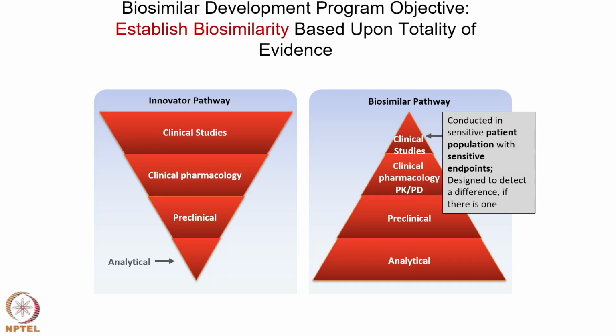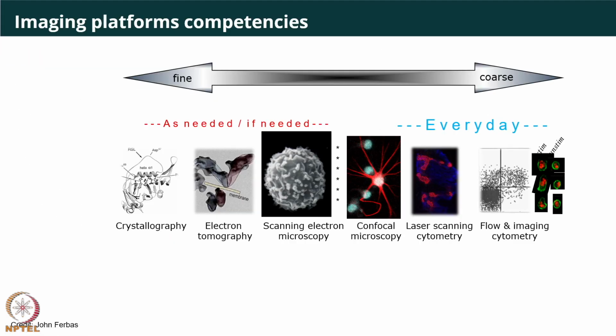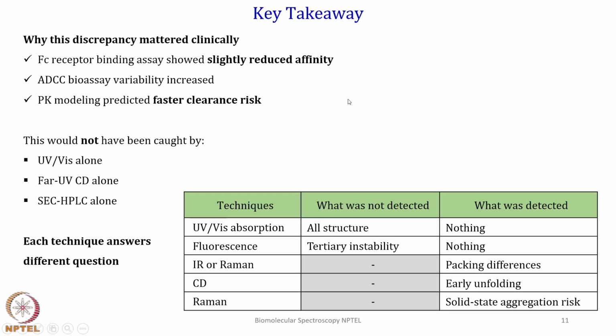That is what is required in the complete pathway we are talking about for biosimilar approval. Right. So, these are some of the structures. You do flow or imaging cytometry, laser scanning, and at one point you do crystallography, electron microscopy, SEM and confocal, all of these. If needed you can do it, right.